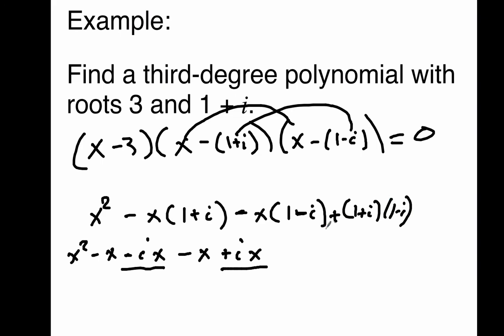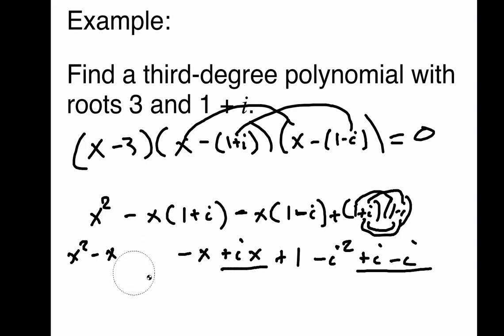Okay, and then let's go ahead and finish this off. 1 times 1 is 1. i times -i is -i squared. i times 1 is i, and -1 times i, -i times 1 is -i. So these two also cancel out. So this term cancels with this term, and these two terms cancel, and this is what we're left with.